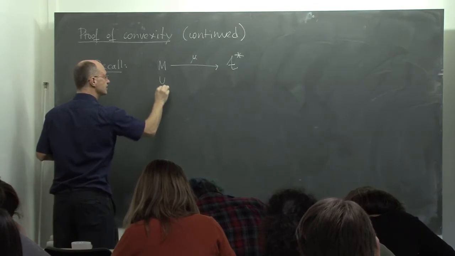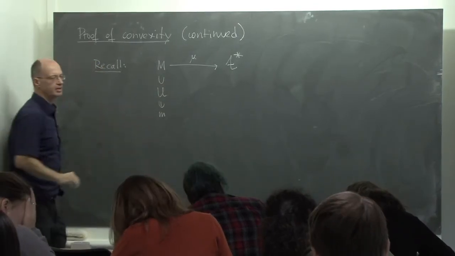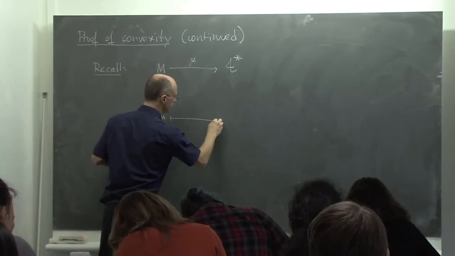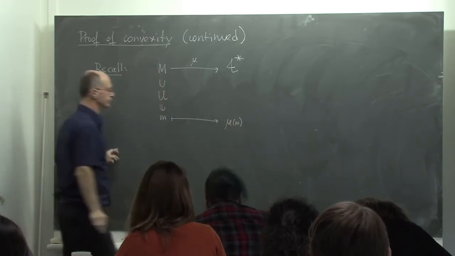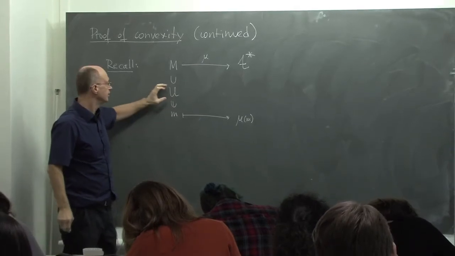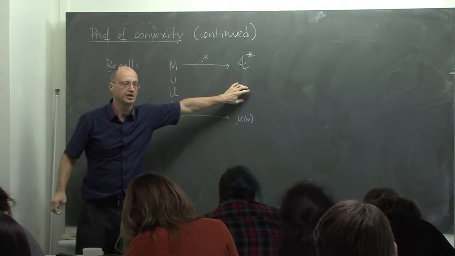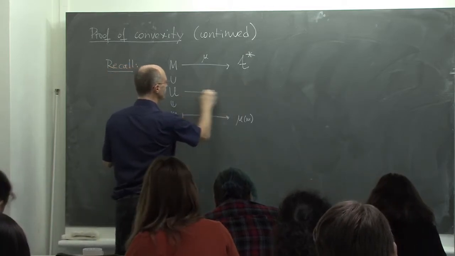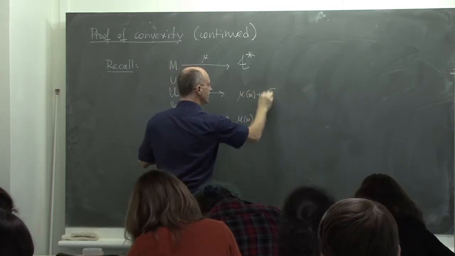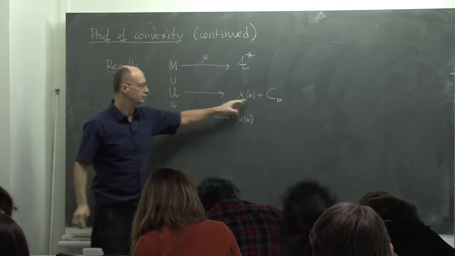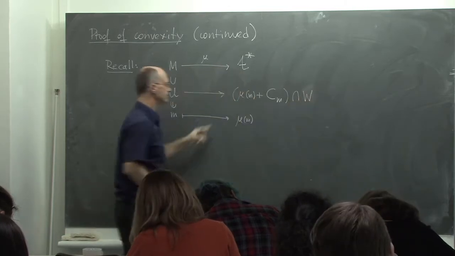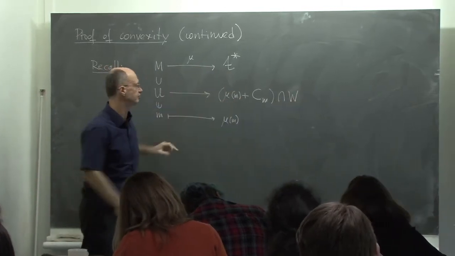Here we would like to consider a neighborhood of some point, and this point is mapped to its image, mu of m. We explained how the image of this small neighborhood looks. You take mu of m, add to it Cm, a polyhedral cone, and intersect it with some neighborhood of mu of m.